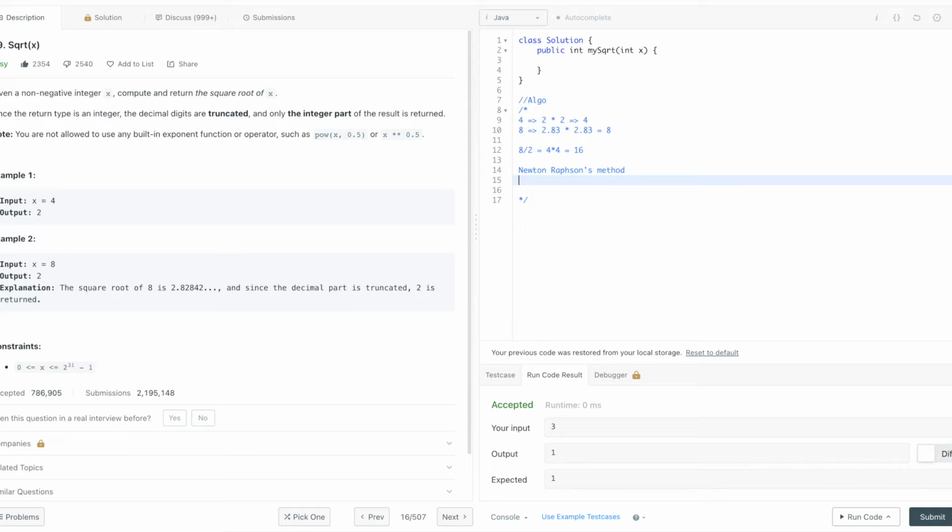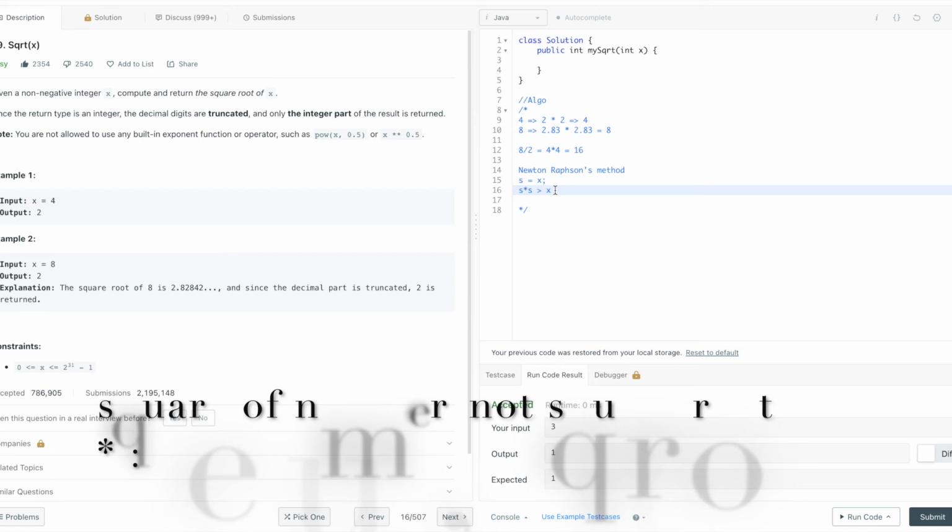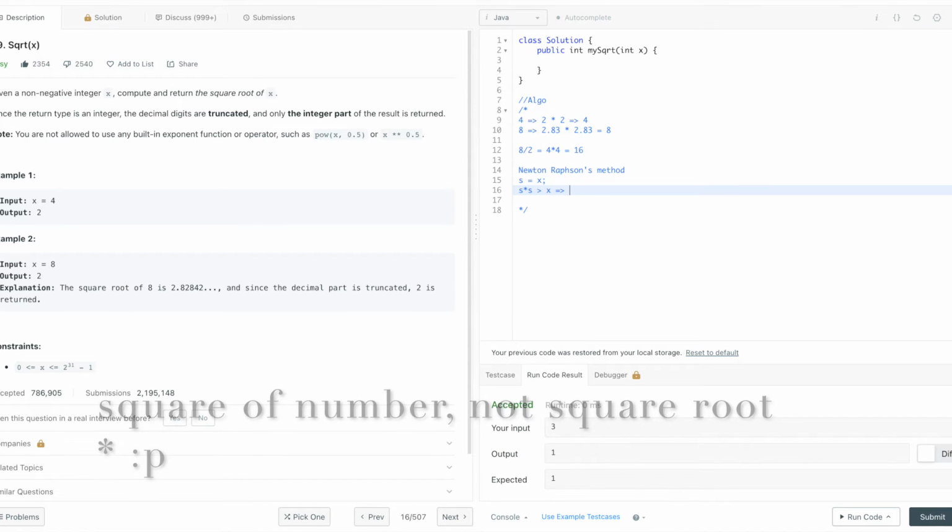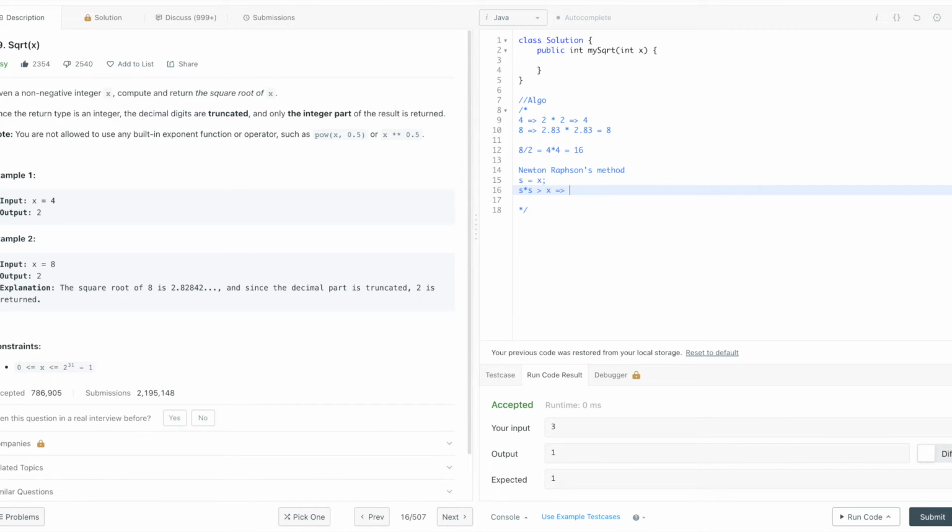So what happens here is we store the value of x in a temporary variable. Let's call it s, and then we run a while loop as long as the square of this number is greater than x. Every time the square of this s value is greater than x, we manipulate and reduce the s value using the Newton-Raphson formula, which is s plus x divided by s, and the whole sum is divided by 2.